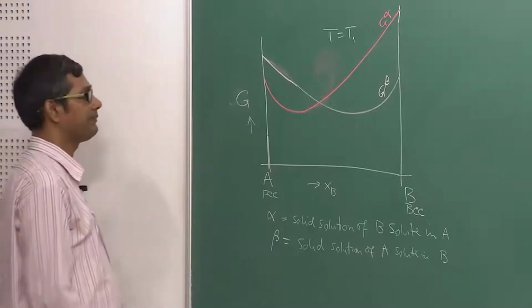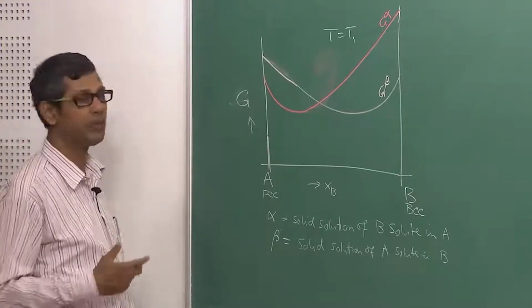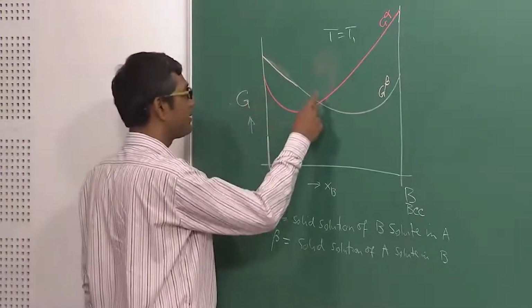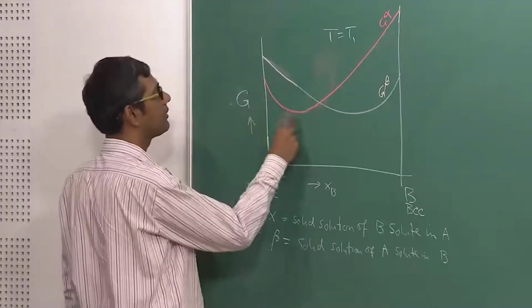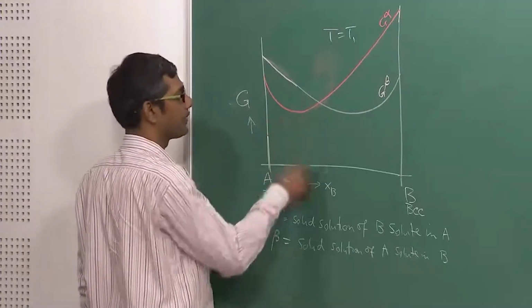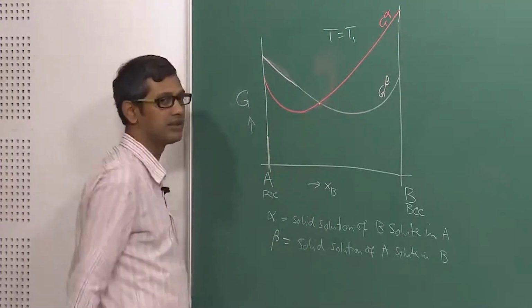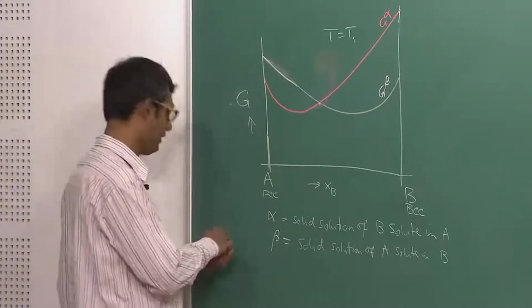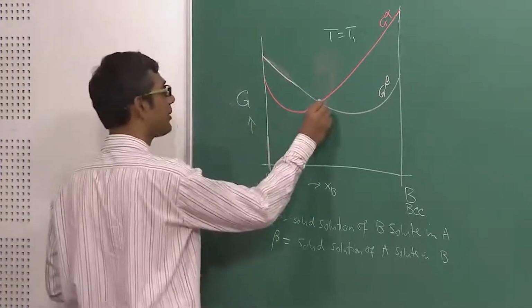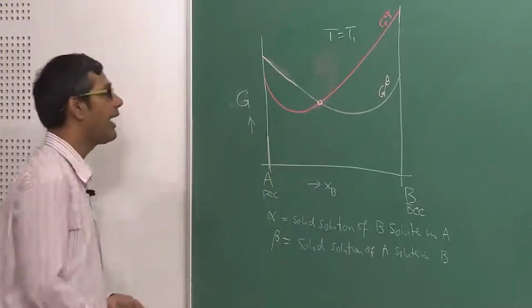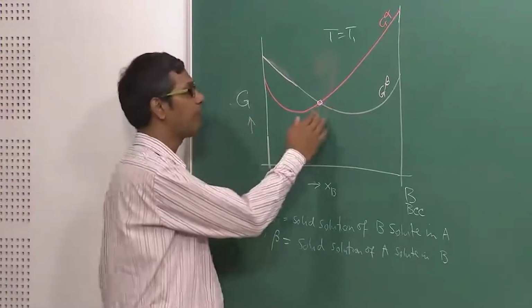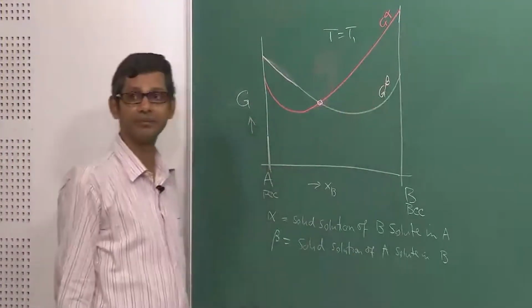Now it is very clear, because free energy tells you relative stability, that the A-rich solution alpha is stable up to this crossover point, you can clearly see. Beyond this crossover point, the B-rich solution or beta is stable.